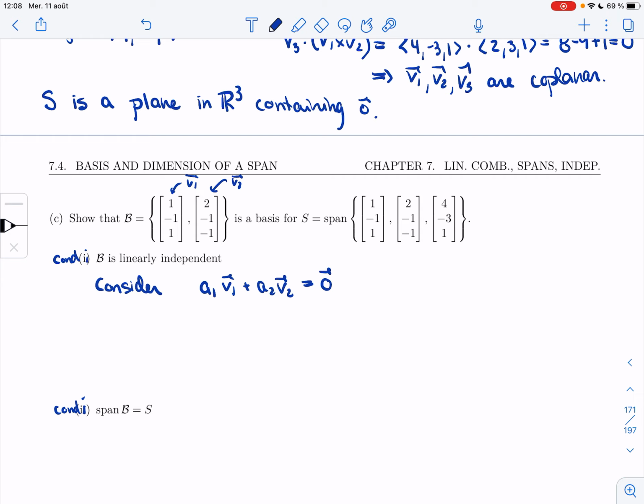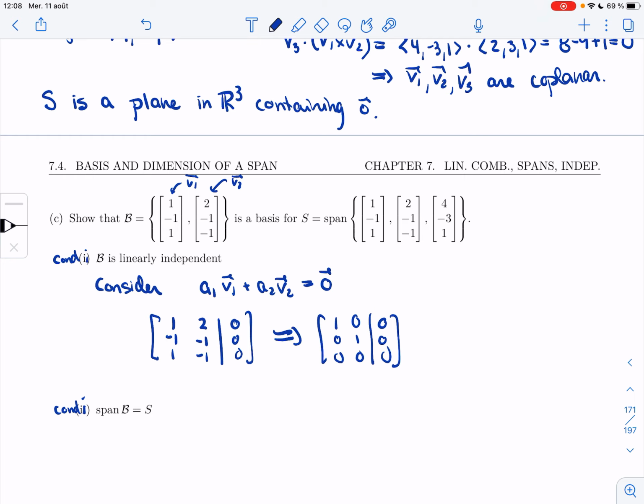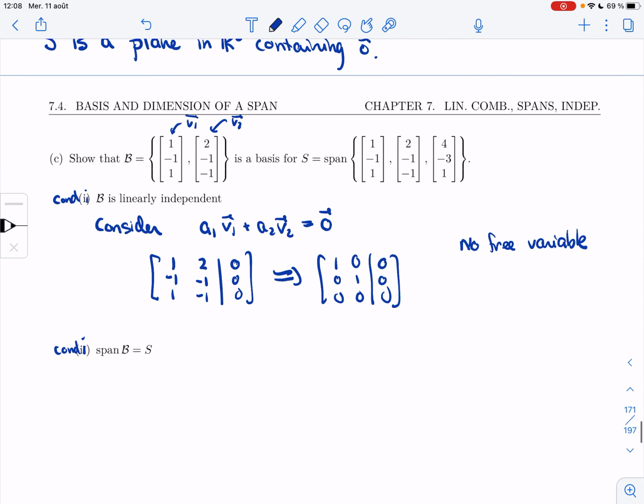If I put that in a system, I'm going to get the coefficients of A1 first, the coefficients of A2, then 0 constants. And if I reduce that, this is what I'll get. I have no free variables. I have no inconsistent row, of course, because the system is homogeneous. That means a single solution.